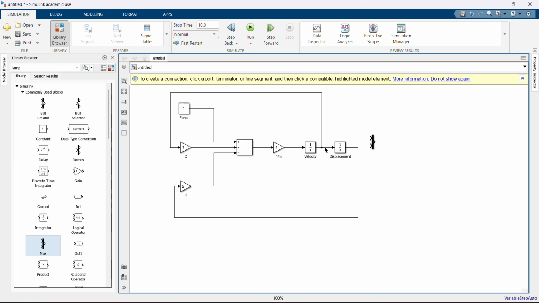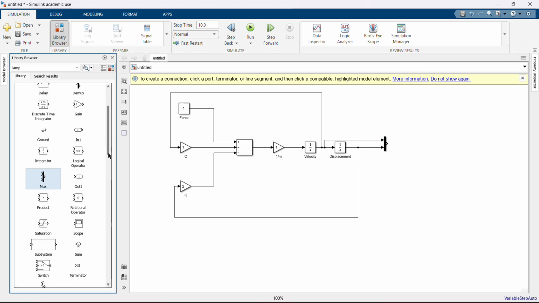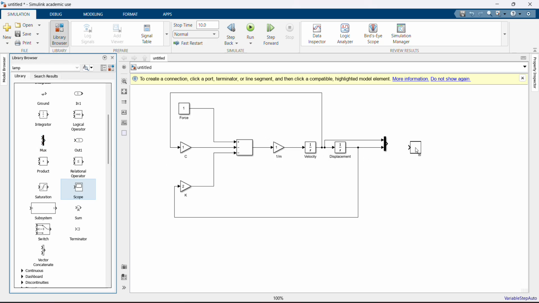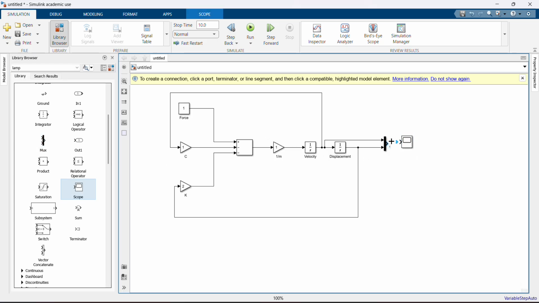For one input, I'm going to drag the velocity, and for another input, I'm going to drag the displacement. And to finally visualize both in the same graph, I'm going to use a scope block. Connect the output of the mux block to the scope block. And now we are ready.